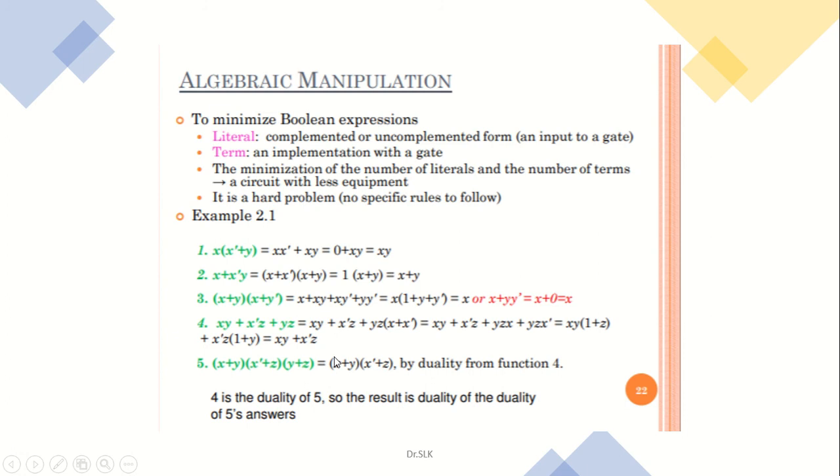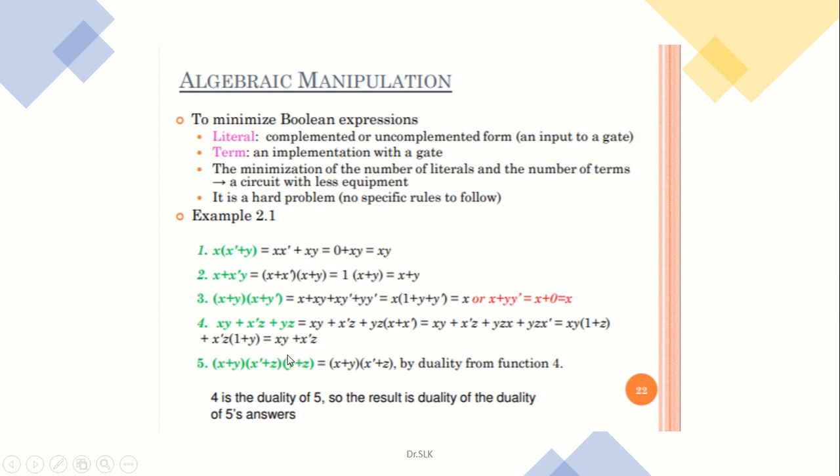And the fifth problem is x plus y into x dash plus z into y plus z. This is a simpler equation, and it is the dual of the fourth problem.